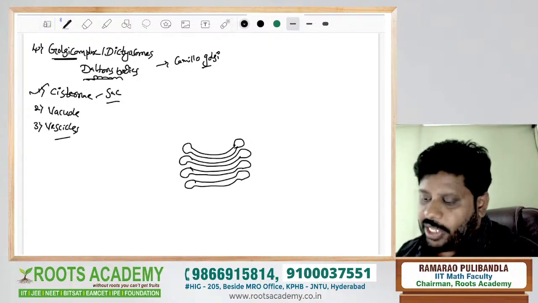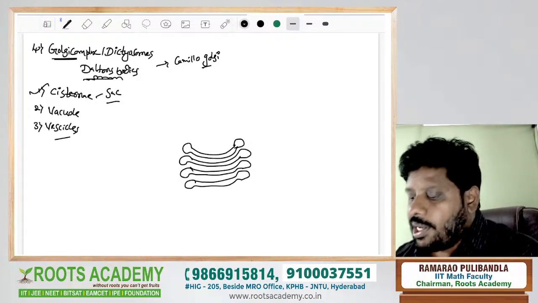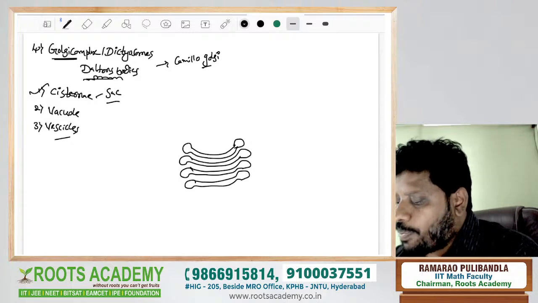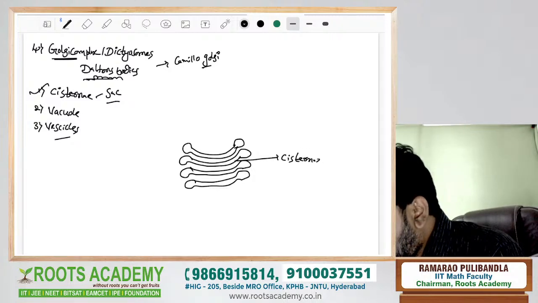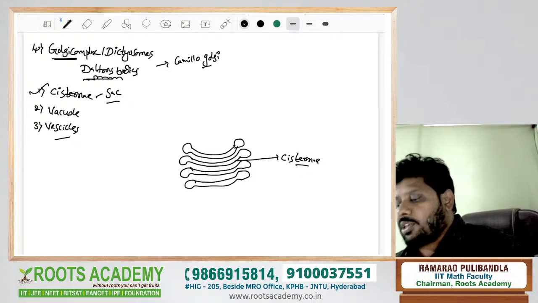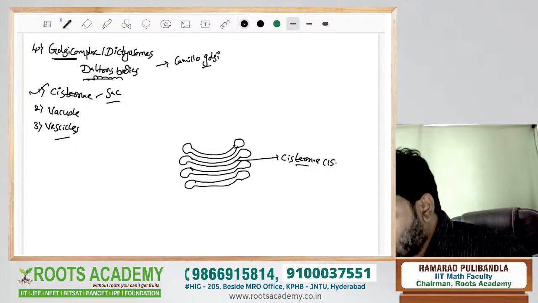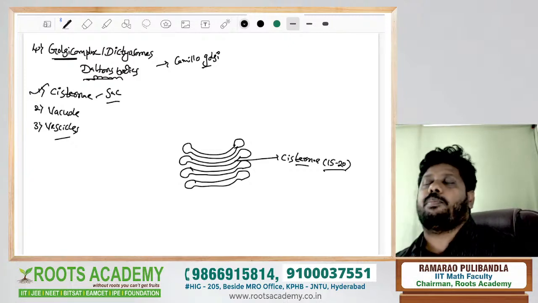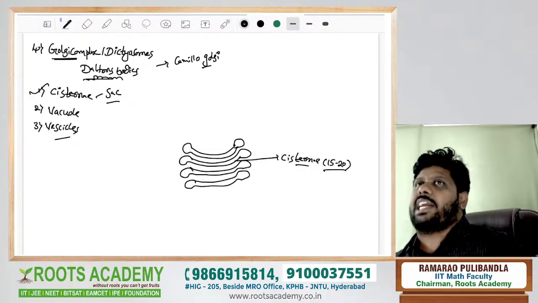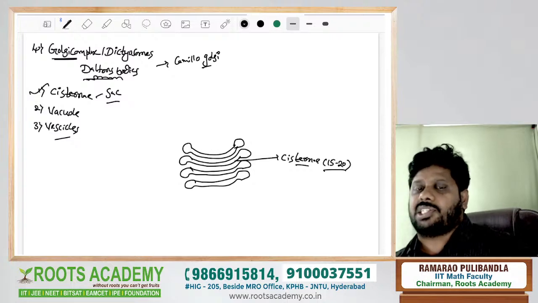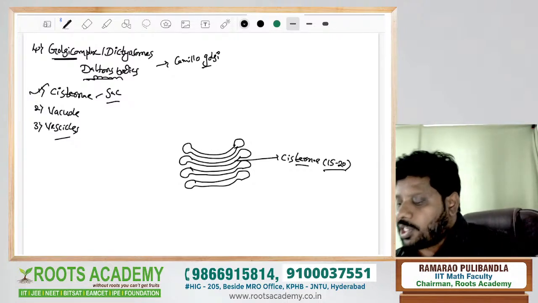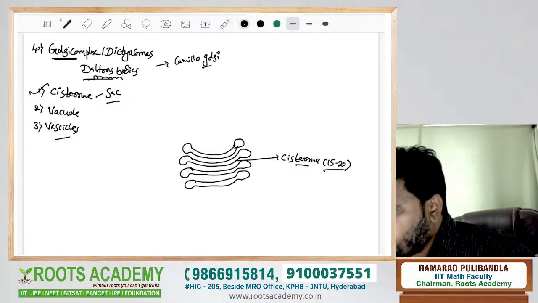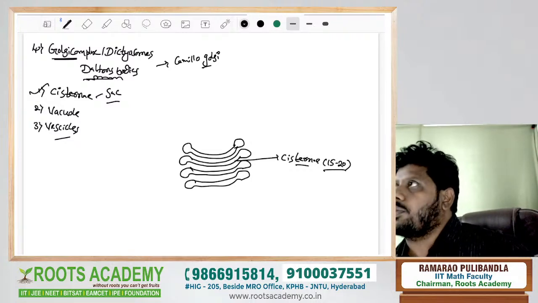These sac-like structures are called cisternae. How many cisternae are present? In every Golgi complex, 15 to 20 sac-like structures or cisternae are present, and they are arranged parallel to each other. The first one is parallel to the second, the second parallel to the third, the third parallel to the fourth.